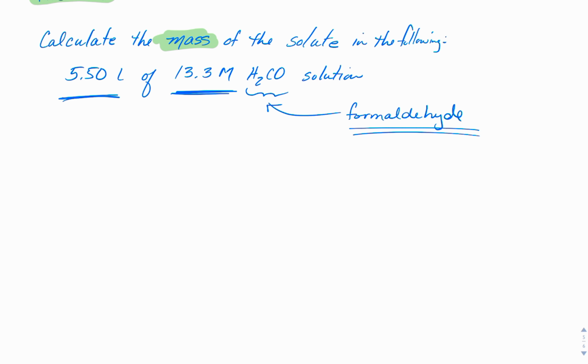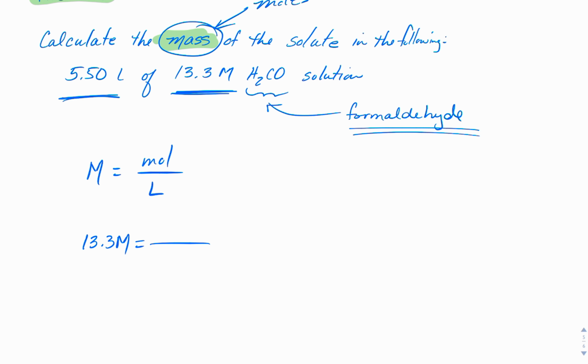So to solve this problem, before you can figure out the mass, you need to know the moles of that substance. And we can do that just using our classic molarity formula of molarity equals moles per liter. I'm going to do this the shorthand way, putting the 13.3 molar on the left and the 5.50 liters on the denominator and my moles in the numerator.